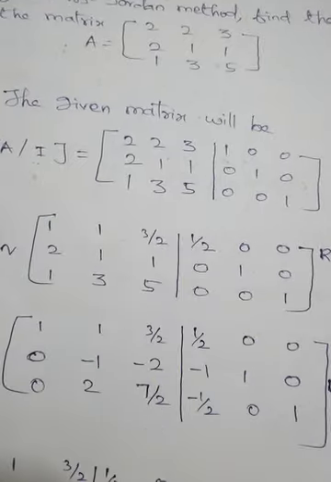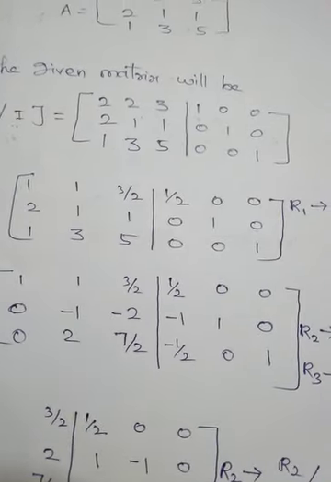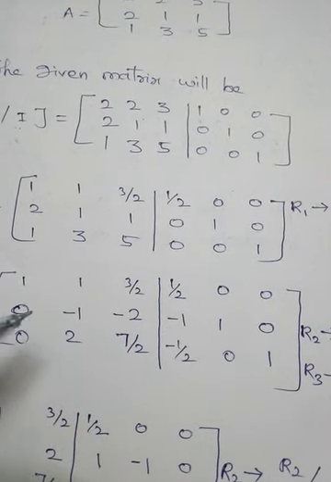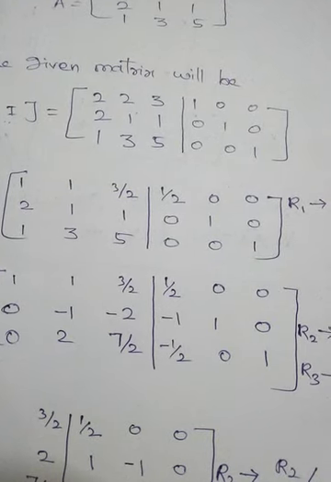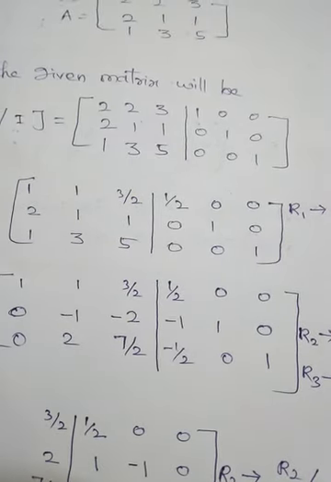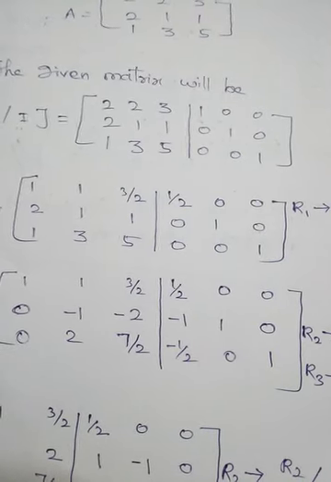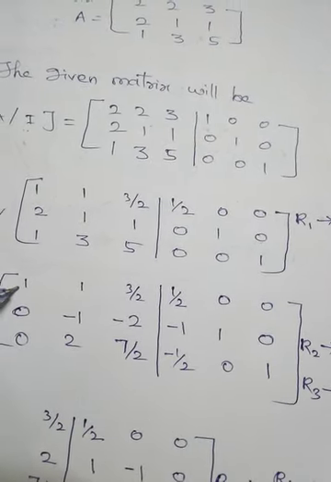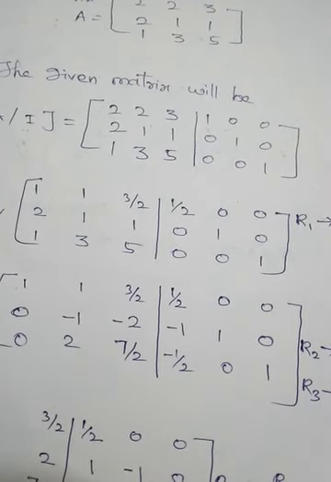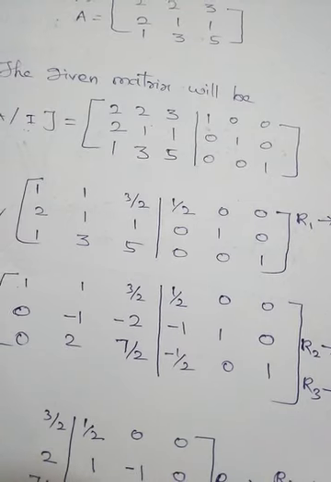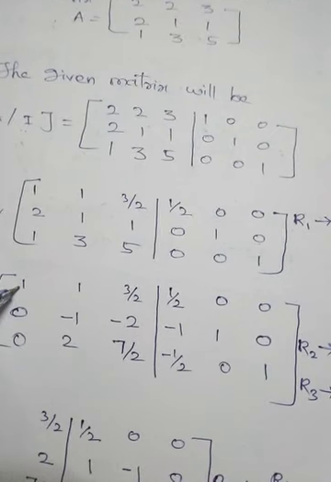Now the next step: keep the first row as it is, 1, 1, 3 by 2, 1 by 2, 0, 0. Why am I not applying any operation on the first row? It already has 1 in the very first place. In the first place I need 1 only, not more than 1. 1 is essential, it is the required element for this place.